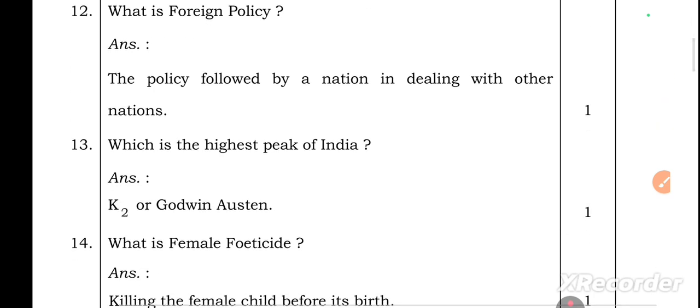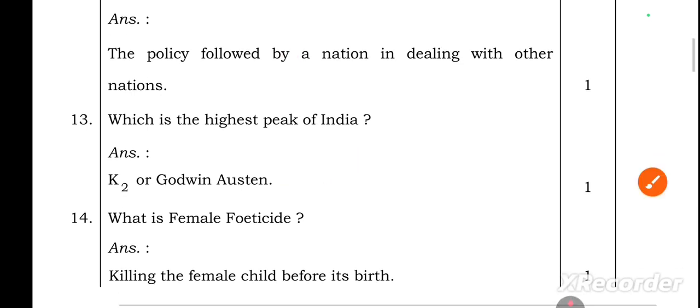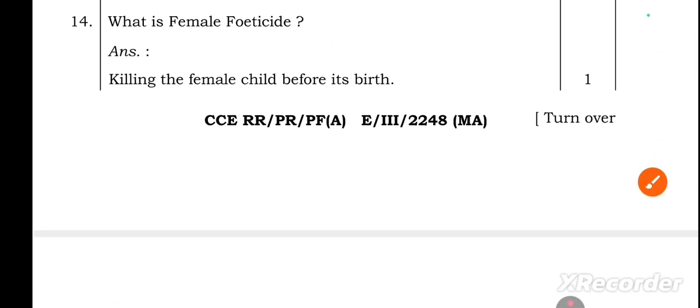12th one, what is a foreign policy? The policy followed by a nation in dealing with other nations. 13th one, which is the highest peak of India? K2 or Godwin Austen. 14th one, what is female foeticide?